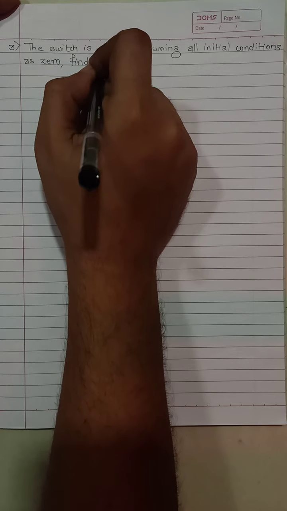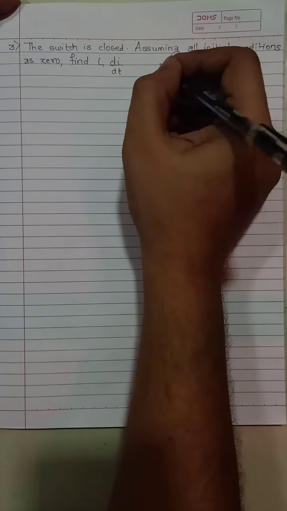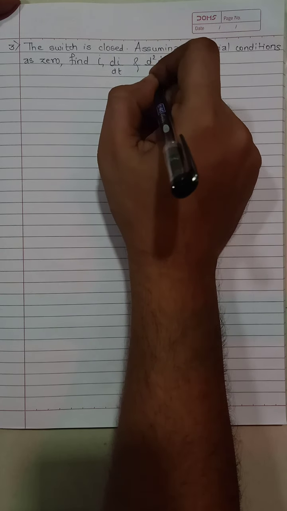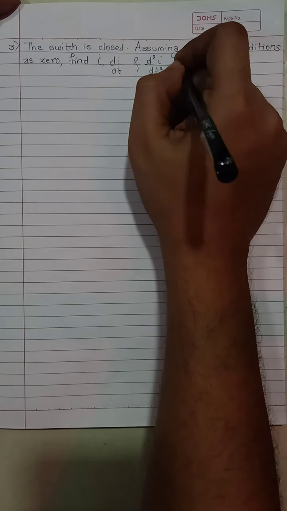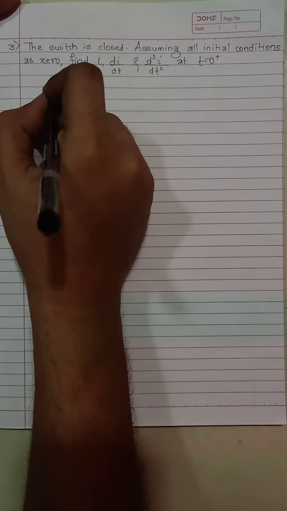Find di by dt and d square i by dt square at t is equal to 0 plus.